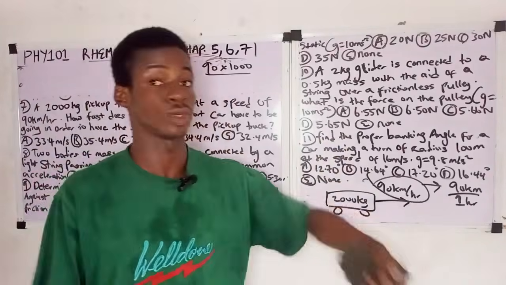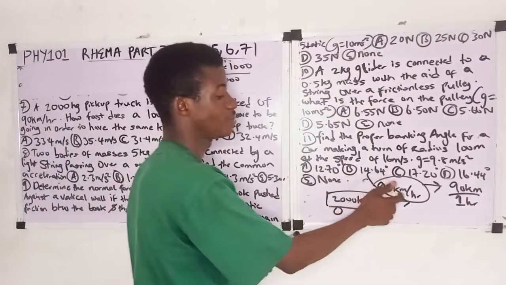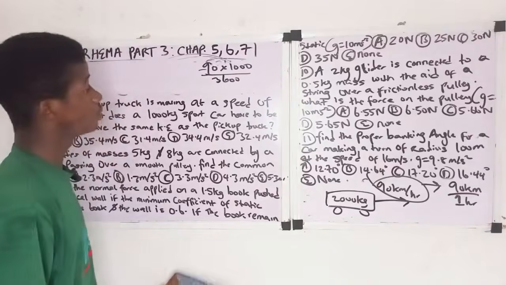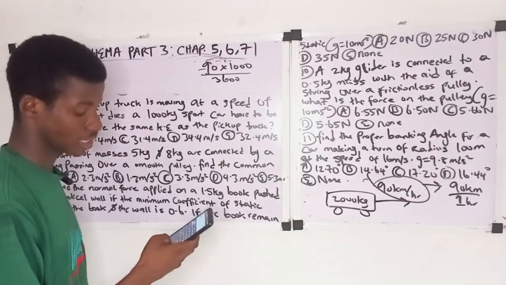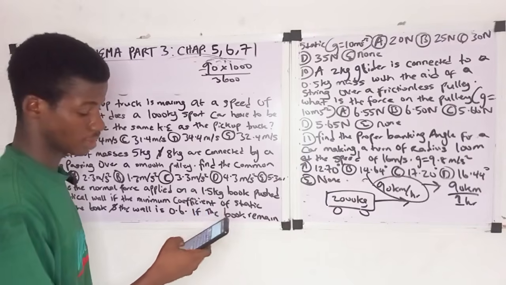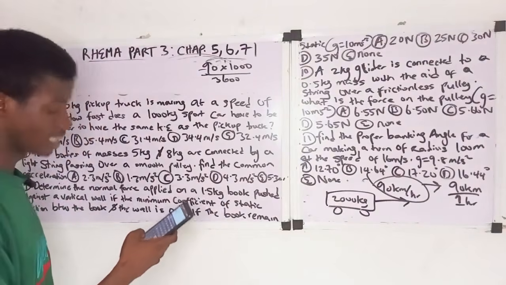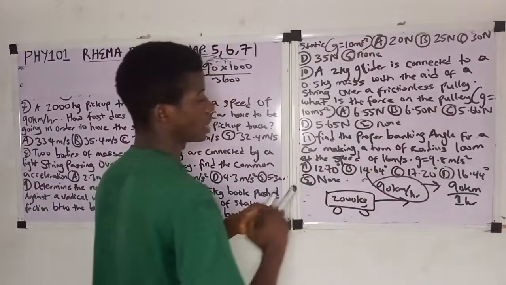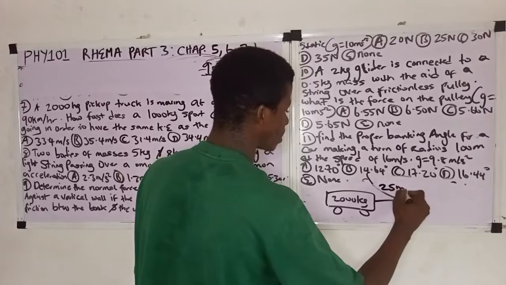We want to convert kilometer per hour to meter per second. So 90 times 1,000 divided by 3,600, we have 25. So 25 meter per second. Therefore, the pickup truck is moving with a speed of 25 meter per second.